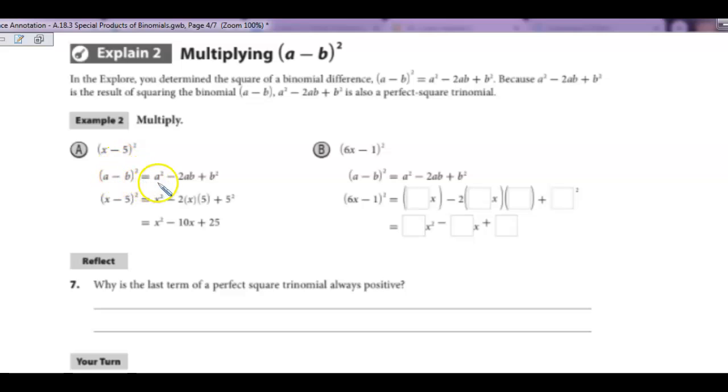Again, we're going to use a squared plus negative 2ab plus b squared. So a squared would be x squared. 2 times 5 is 10, so it'd be negative 10x. And negative 5 times negative 5 is positive 25.